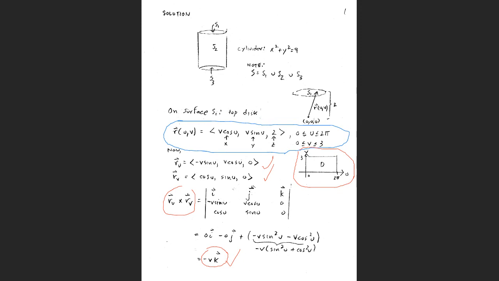Okay, good. So let's find the length of this cross product vector. Well, remember what the cross product vector was. The cross product vector, r_u cross r_v, was equal to the vector with components 0, 0, and negative v, which is just equal to negative v times the k vector.